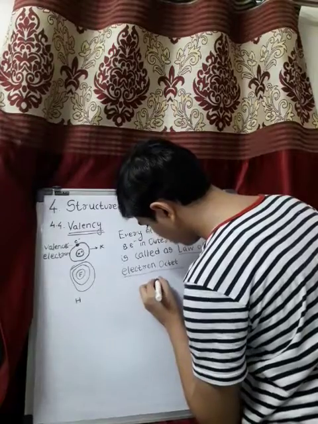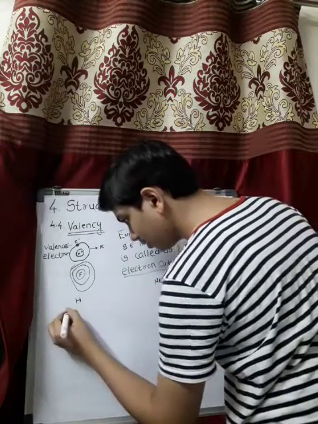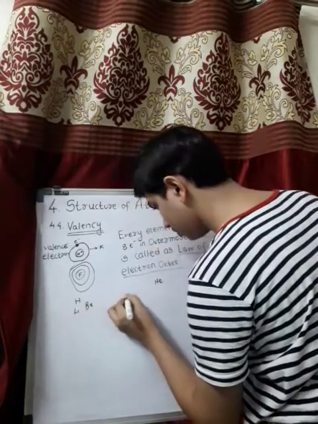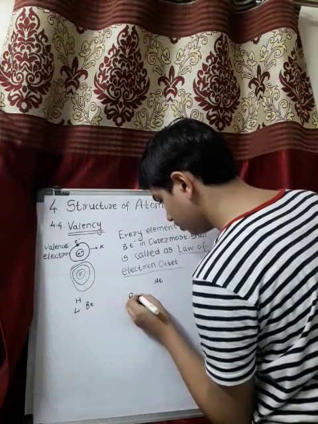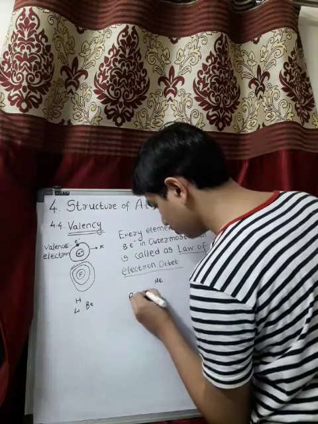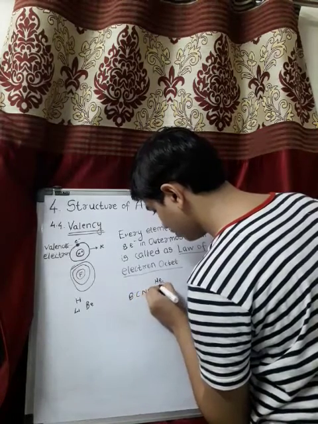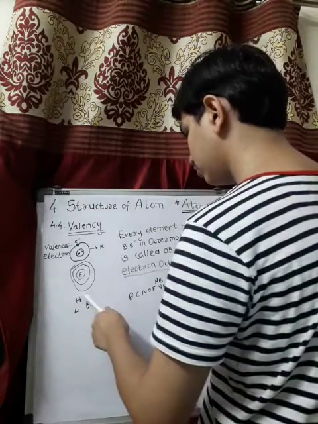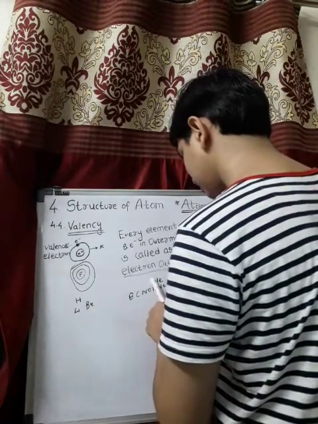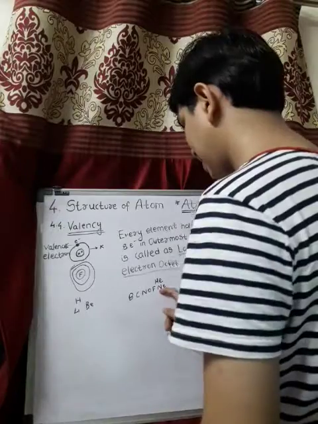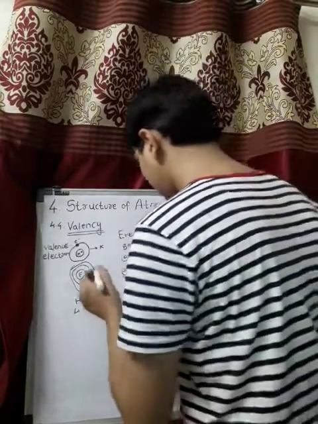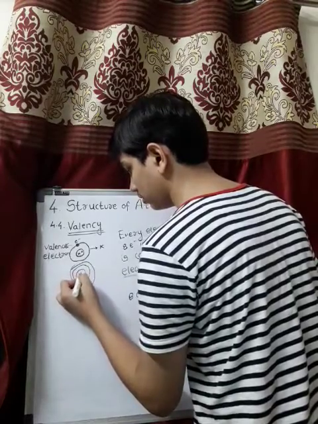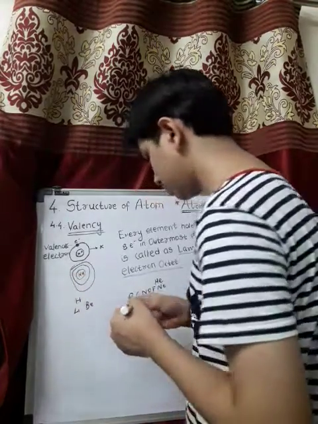Hydrogen, helium, lithium, beryllium, boron, and so on, sorry, neon. So it comes 1, 2, 3, 4, 5, 6, 7, 8. Yes, 8. In neon, sorry, not fluorine.